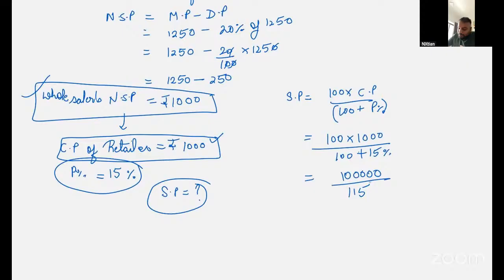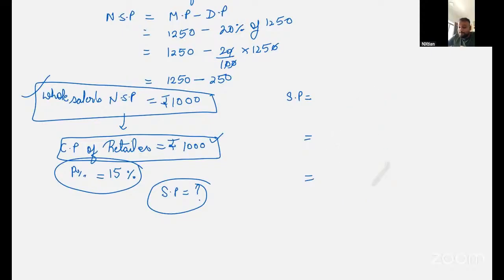So the formula of selling price is cost price into 100 plus profit by 100. That's why I'm asking, and David was saying, yes sir, it's correct. Very well. So it is CP into 100 plus profit percentage upon 100.